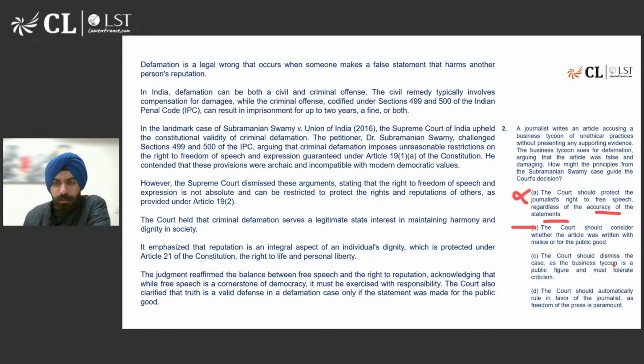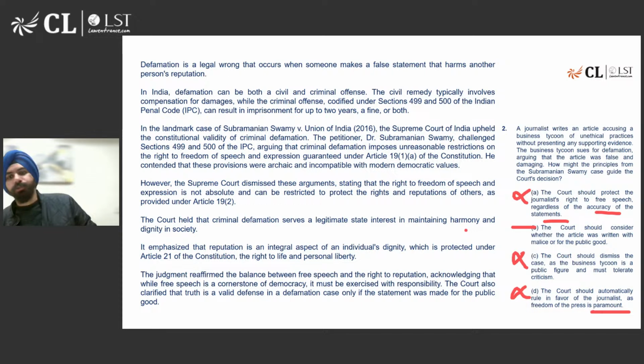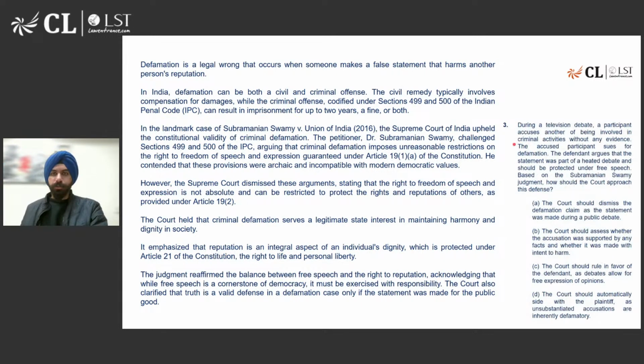Can be there. Should dismiss the case as business tycoon is a public figure and must tolerate criticism. No. Should automatically rule in the favor of journalist as freedom of press is paramount. No. Nothing is paramount. As you can see, all the other options are irrelevant or extreme. Option number B becomes the most suitable answer. Let's do question number 3.